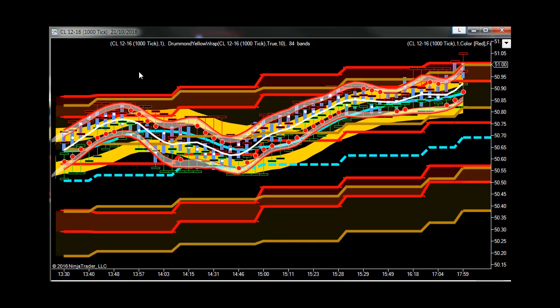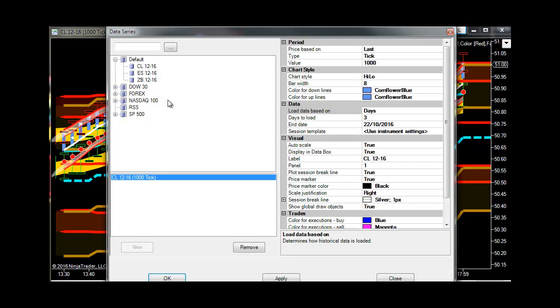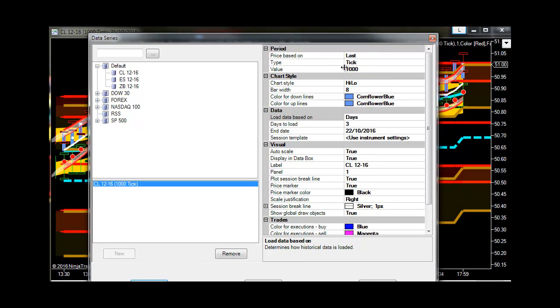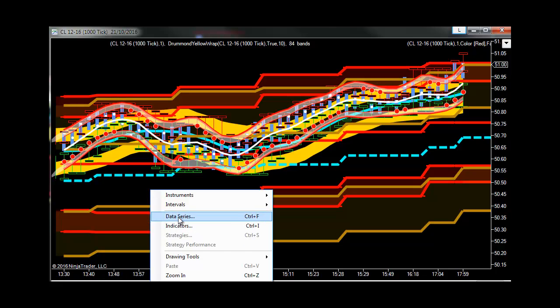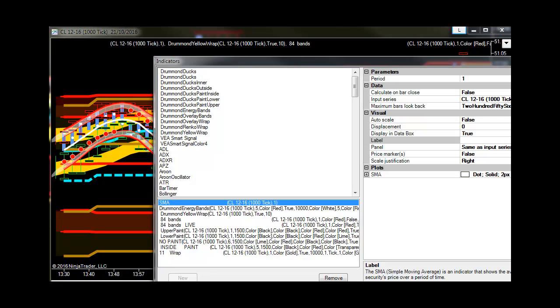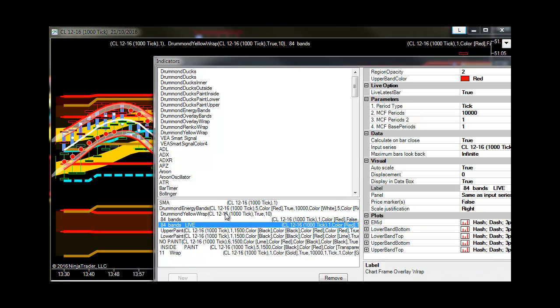Now, what I have done with my Crude, I've played around. I made it a 1,000 tick. Just play, find something that you're comfortable with, and the indicator for the bands, for example, is a 10,000 tick overlay.